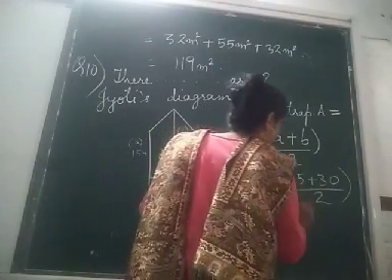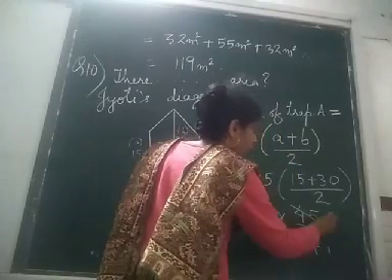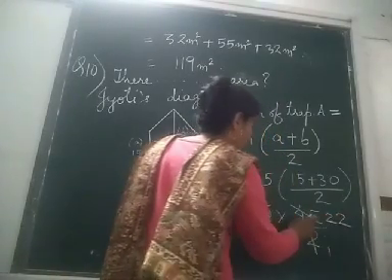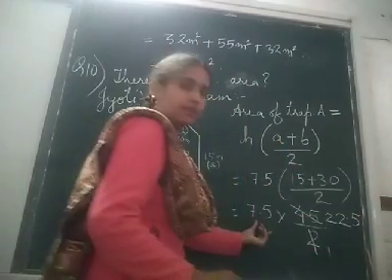7.5 into this becomes 45 by 2. I just divide this. 2 2s are 4, 2 2s are 4. 22.5 and 7.5.